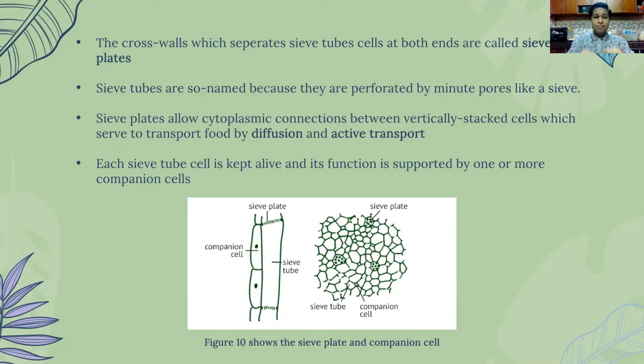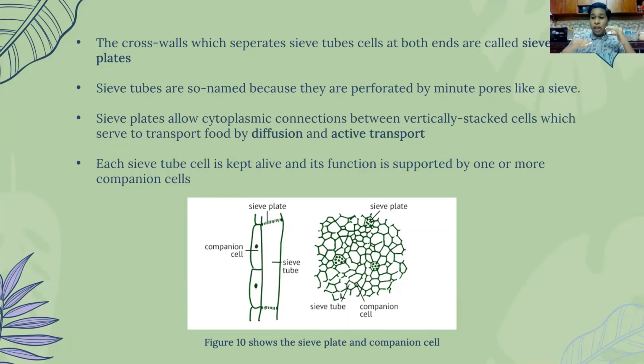So sieve plates allow cytoplasmic connections between vertically stacked cells which serve to transport food by diffusion and active transport. Okay, we have diffusion and active transport occurring at the same time because, as I told you just now, in a sieve tube the flow of food is two-way.